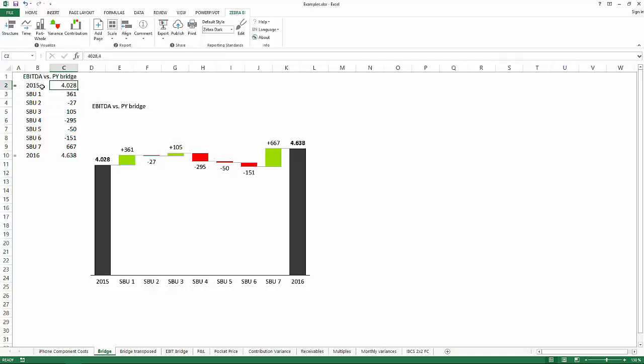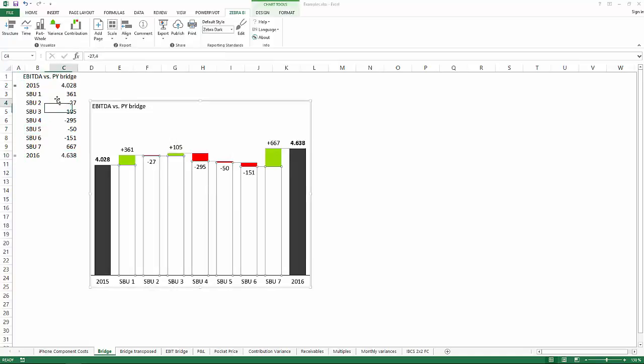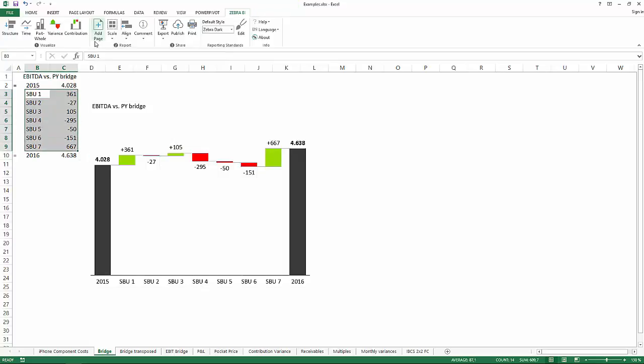So you just have the EBITDA from last year, then you add all your elements here and calculate the variance, and then you finish with the ending result and just put an equal sign. That's it. If you want to sort, of course, you can then sort.